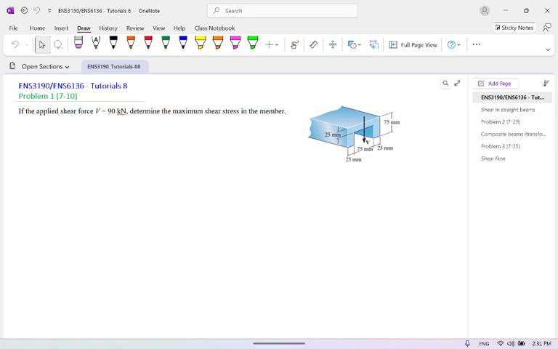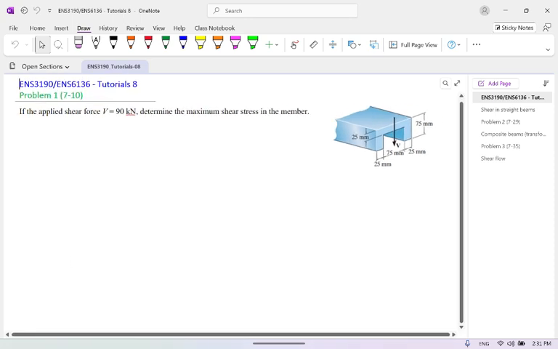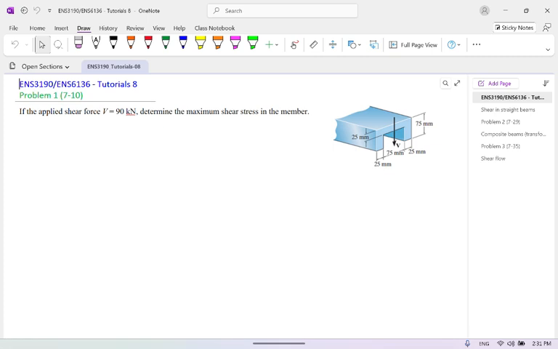If the applied shear force V is equal to 900 kilonewtons, determine the maximum shear stress in the member. Of course, we should know the maximum one.